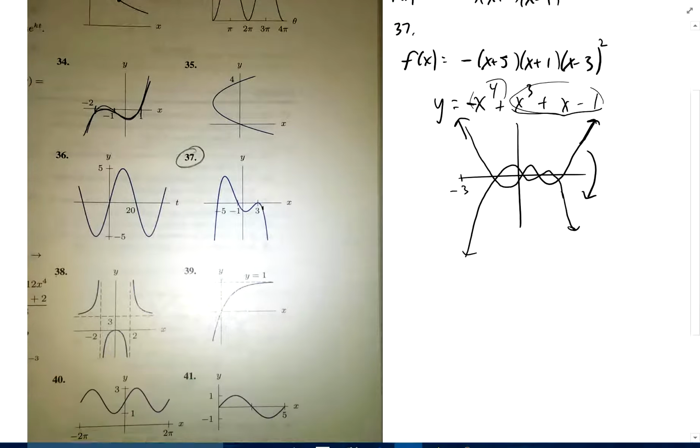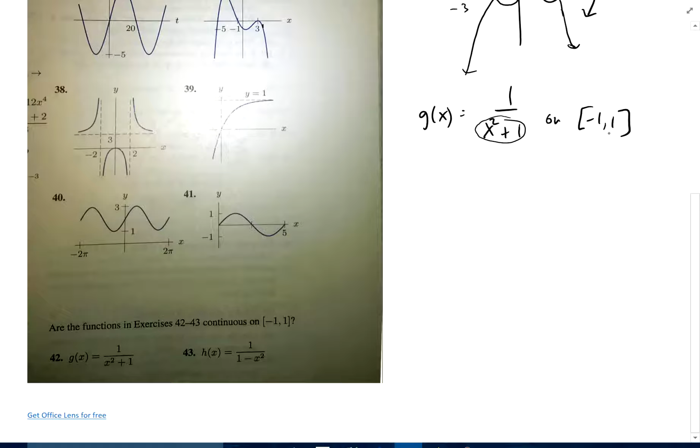Okay, and let's look at 42. Is this continuous without graphing it on -1, 1? The numerator is continuous, of course. Is the bottom continuous on this interval and not 0, because I can't divide by 0?